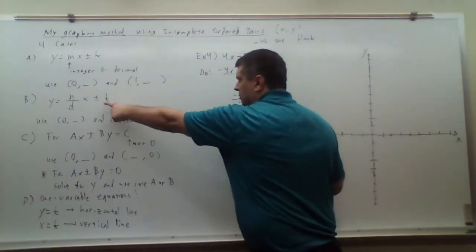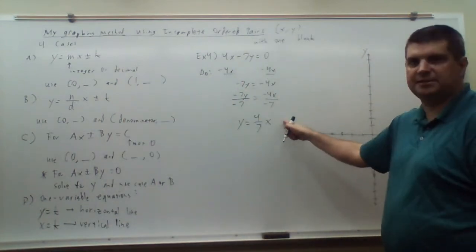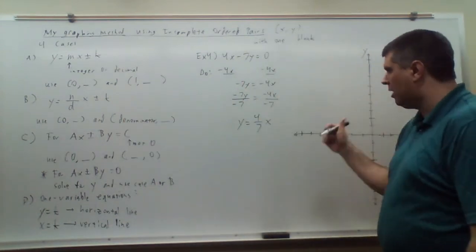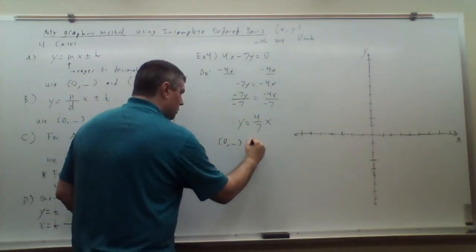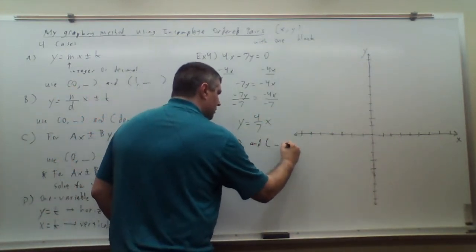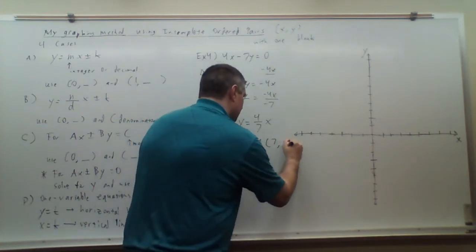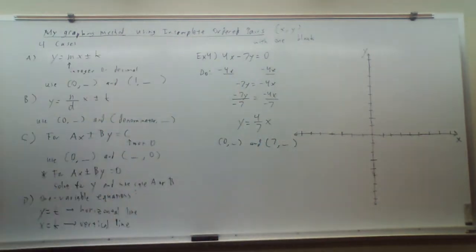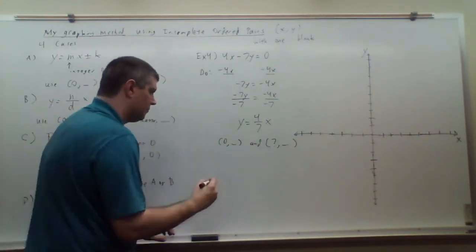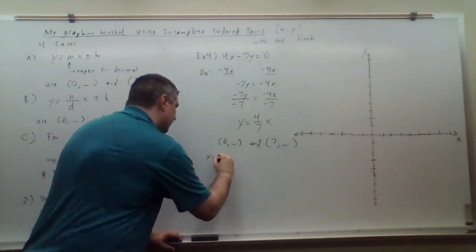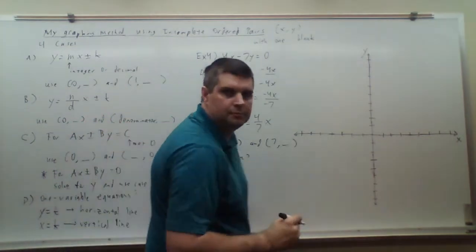Since that's a fraction, it's y equals a fraction times x. It's more like that case where k would equal 0. So there's an unstated plus 0 here. So I will use 0 blank and 7 blank. X equals 0, and y equals we don't know.